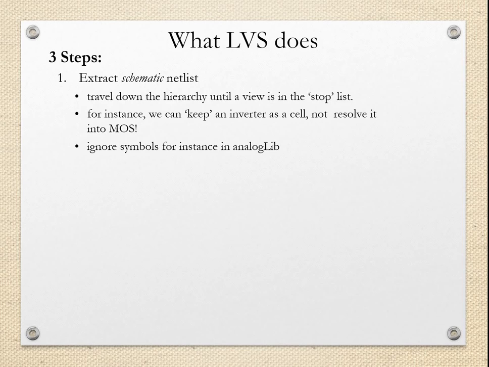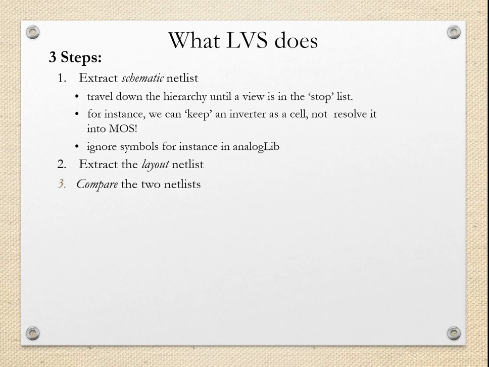So we'll stop at that inverter level and ignore the symbols, for instance, in the analog library. Then extract the layout netlist. As it has to check the schematic and the layout, it will check the netlist file for the schematic as well as the layout.